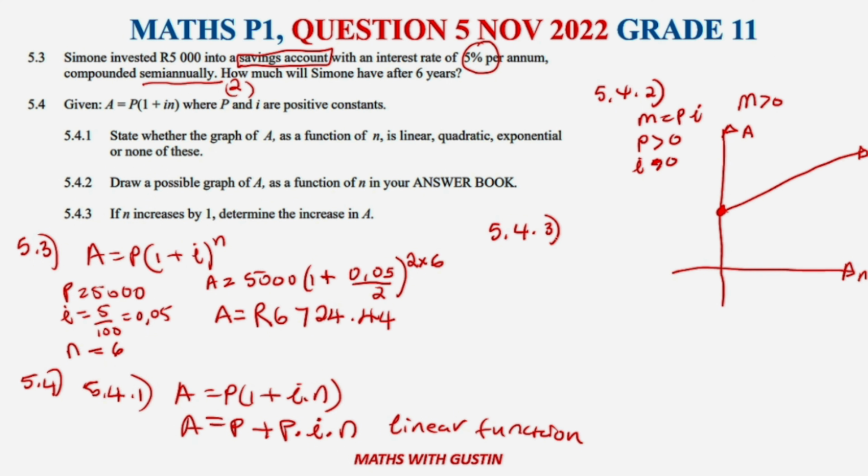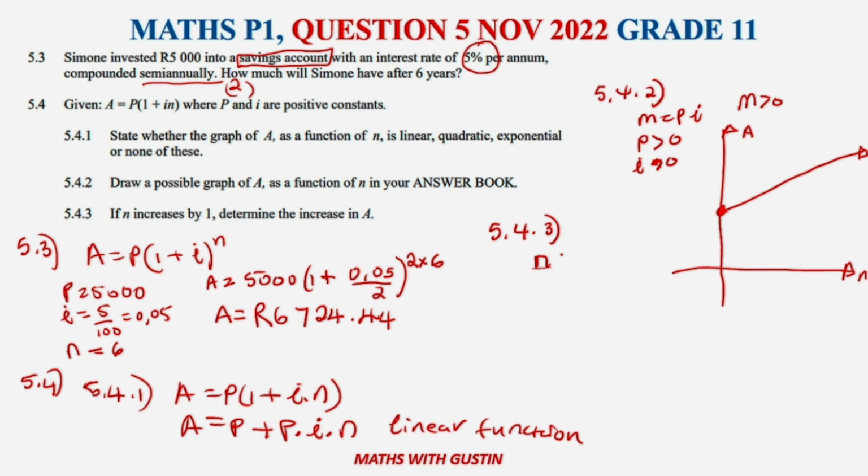5.4.3. That's what the question said: if n increases by 1, determine the increase in A. Okay, so our equation here is given like that. So if n increases by 1, let's first start by this. Let's assume that n was 0.